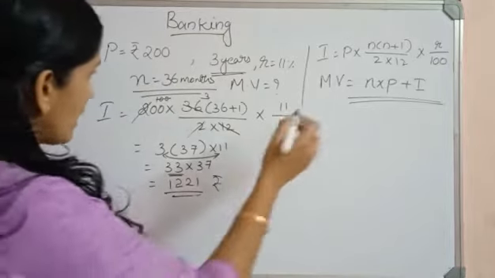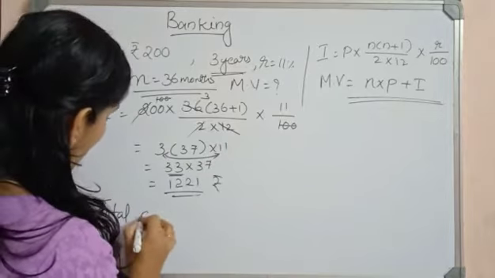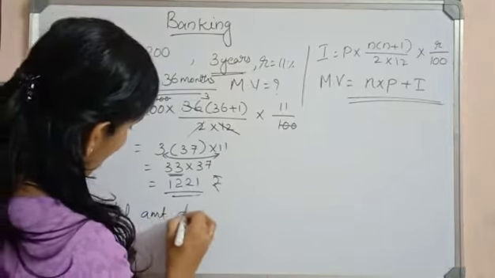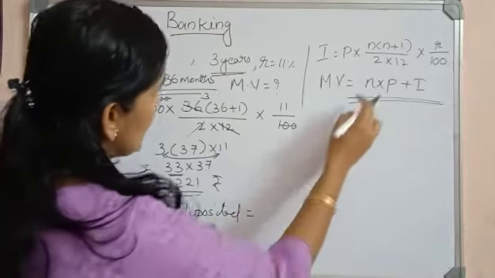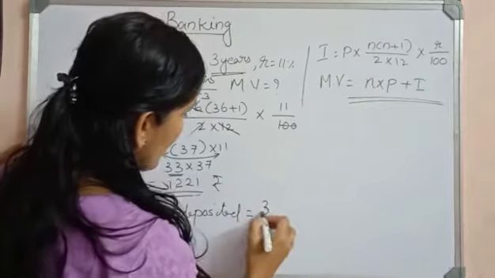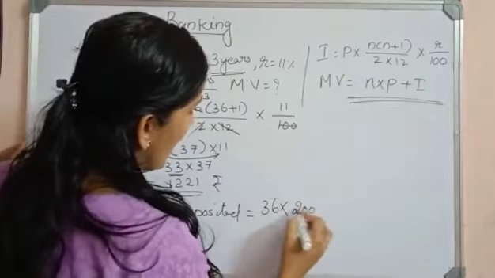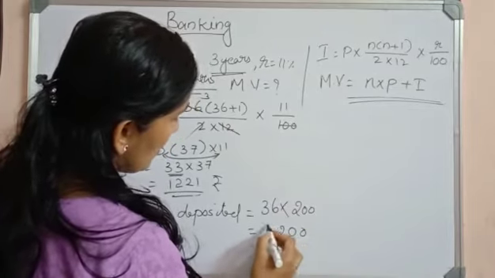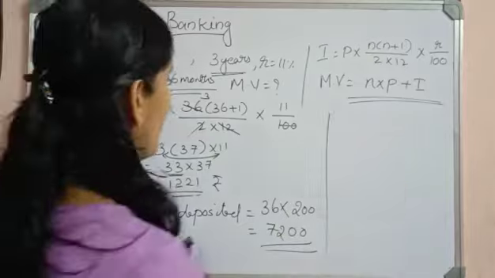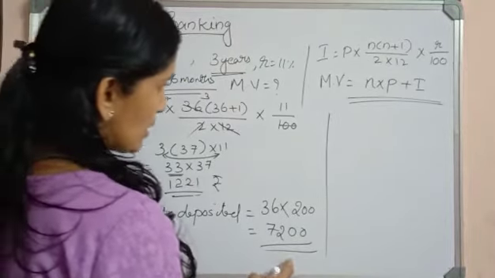Now let's find the total amount deposited. That is equal to n into P, the number of months, 36, into P, which is 200, and that is equal to 7,200. So we got the total sum deposited as 7,200.